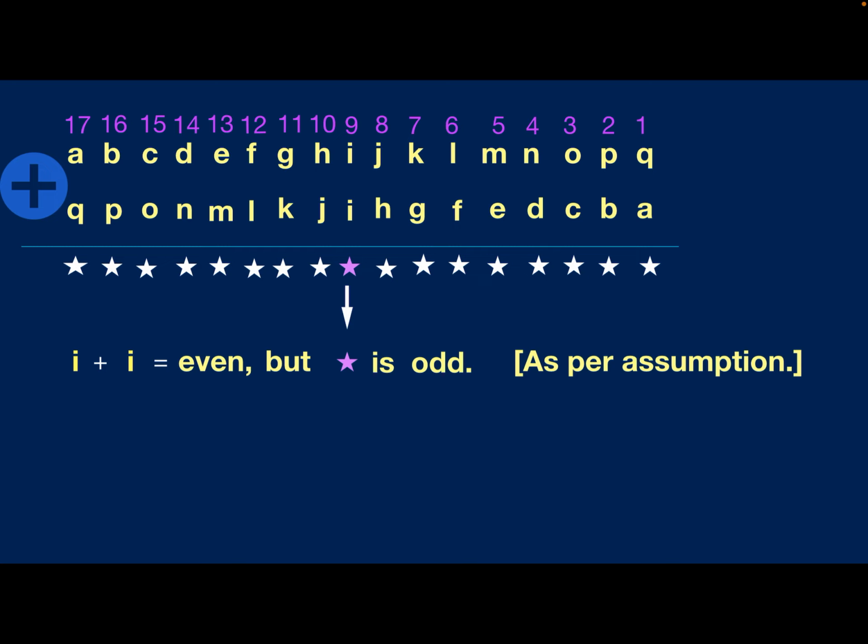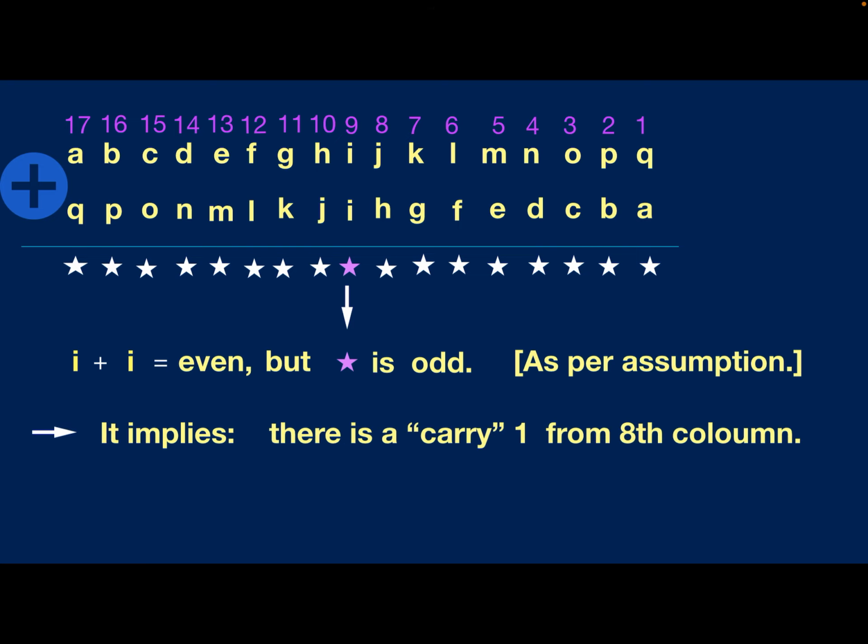So here I plus I is even, but the pink star is also odd as per the assumption. The sum 2I will be odd only if there is a carry from the 8th column, isn't it? So it implies that there is a carry 1 from the 8th column.